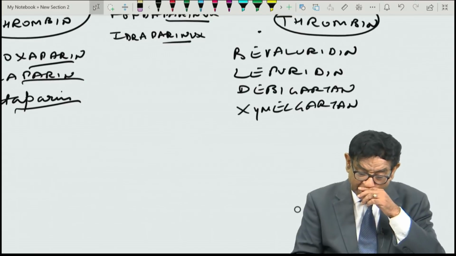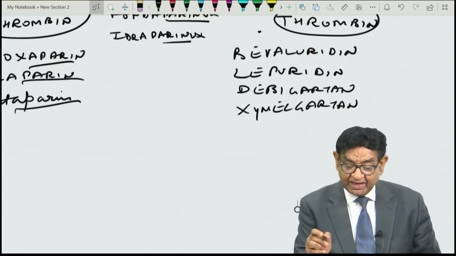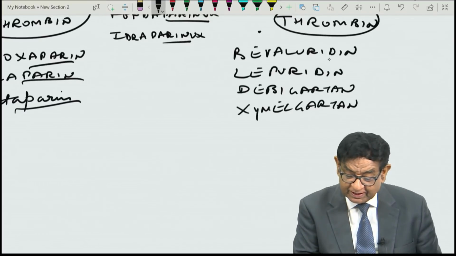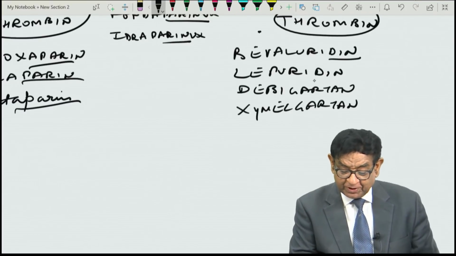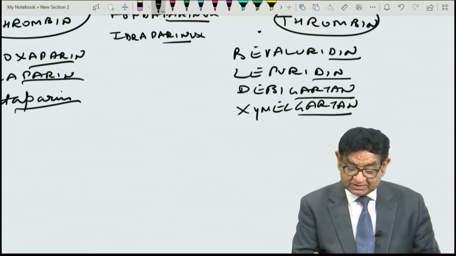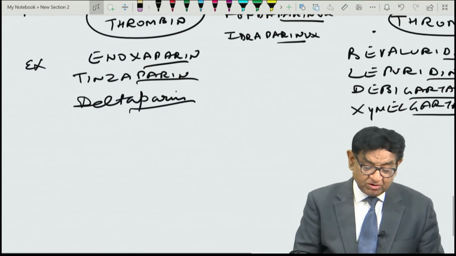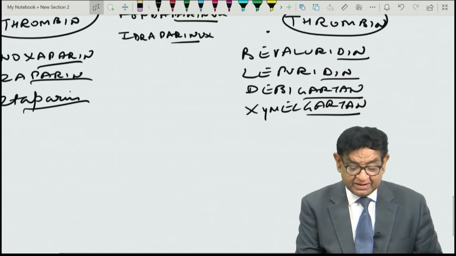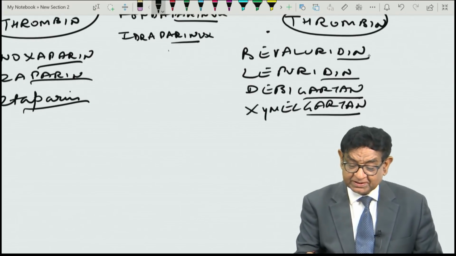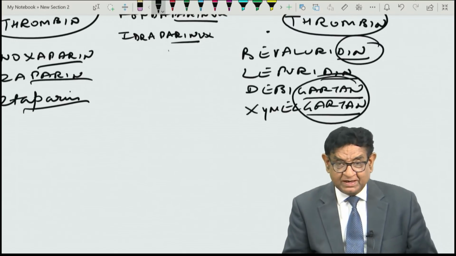Now we talk about the third category. They are bivalirudin, lepirudin, dabigatran, ximelagatran. So we can sing a song: parin, parinux, then gatran. You have got the entire table.